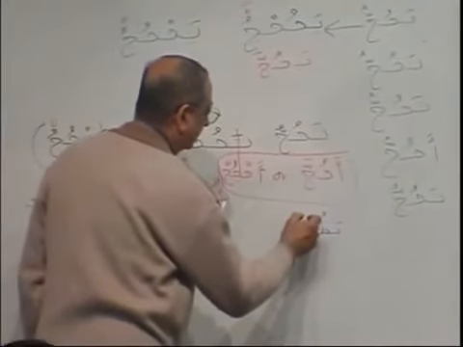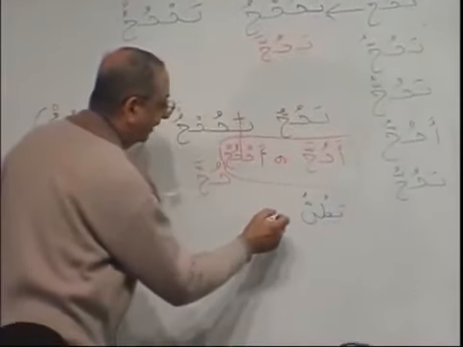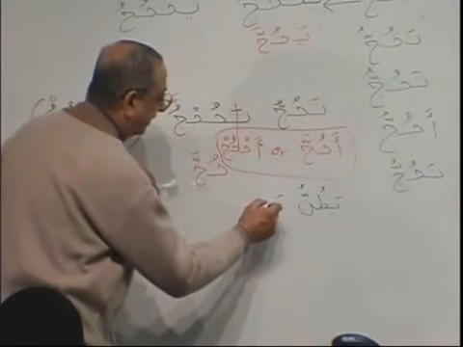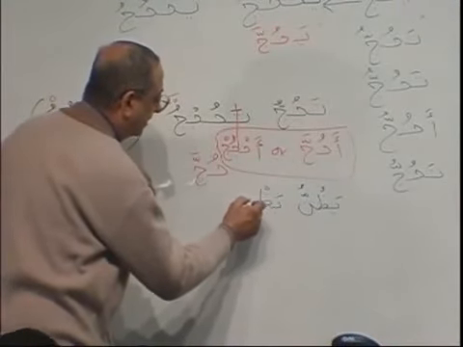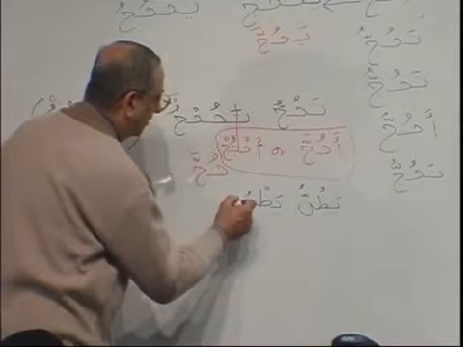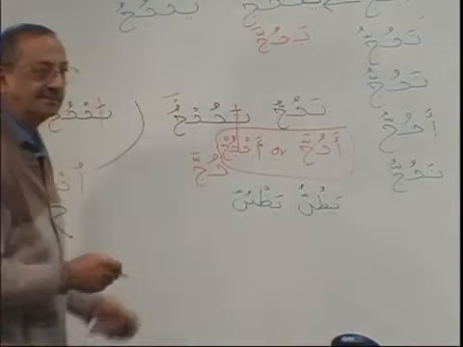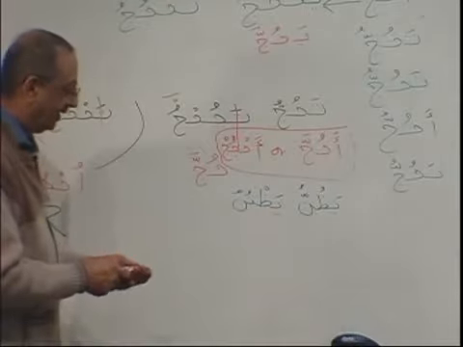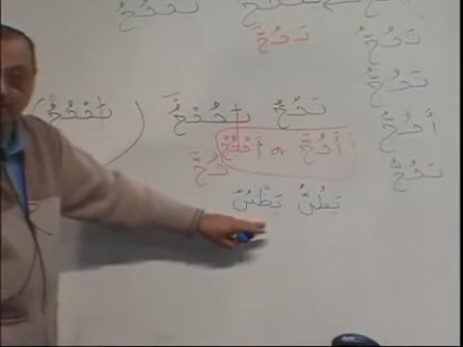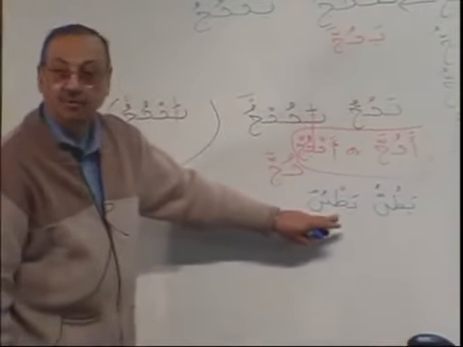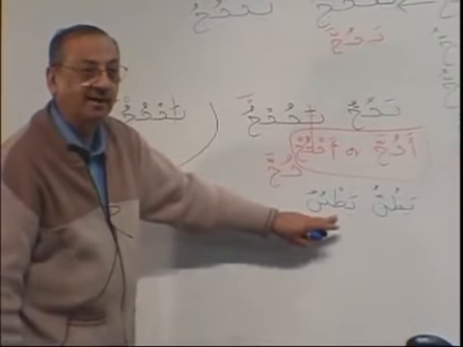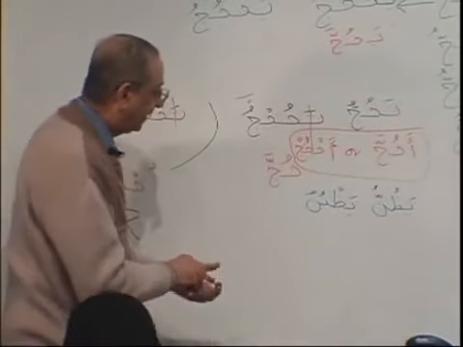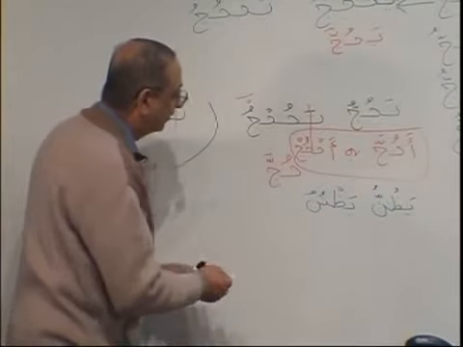Yazunnu, which is actually yaznunu. Are you with me, brother? Now, because it is a mutaharrik pronoun, we have to look at this and put nun niswa there. So I put a nun niswa here, brother.